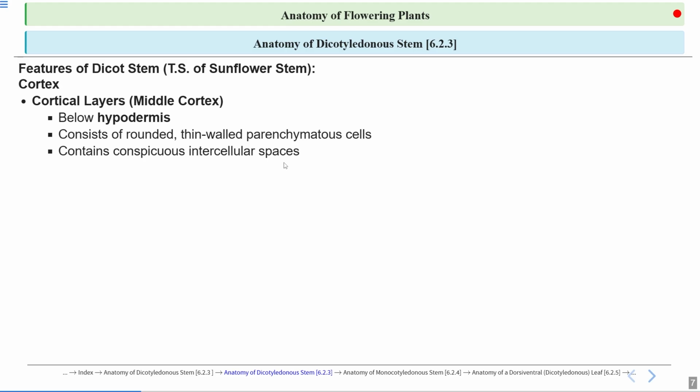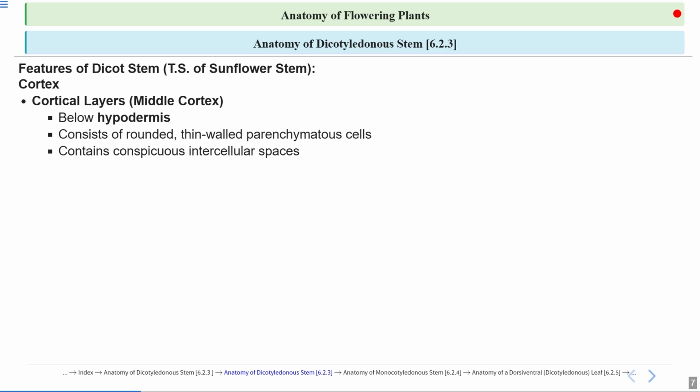Now see here. In the hypodermis region, there were no intercellular spaces because the cells were collenchyma, and at the corners of the collenchyma there is a deposition of lignin. So there are no intercellular spaces, and the cell wall is also thick. Just see the middle cortex region. This has a different type of cell: parenchyma.